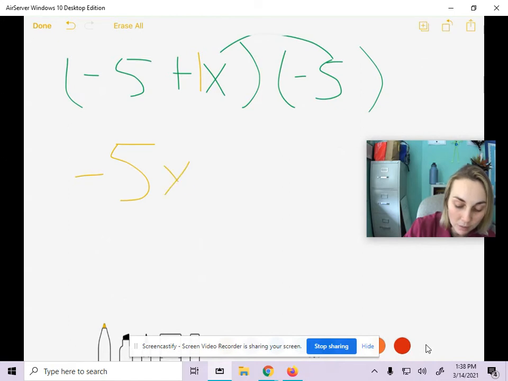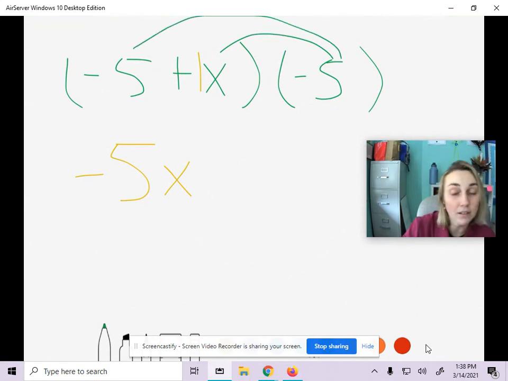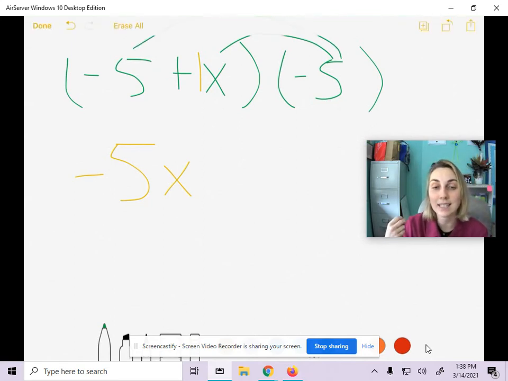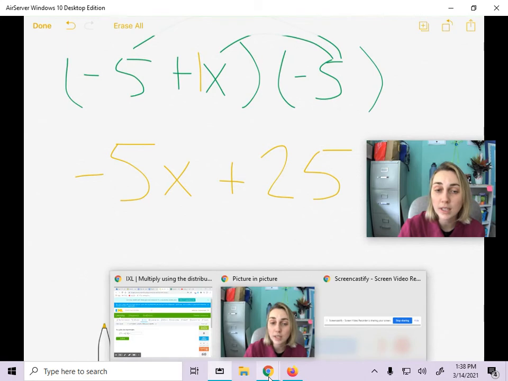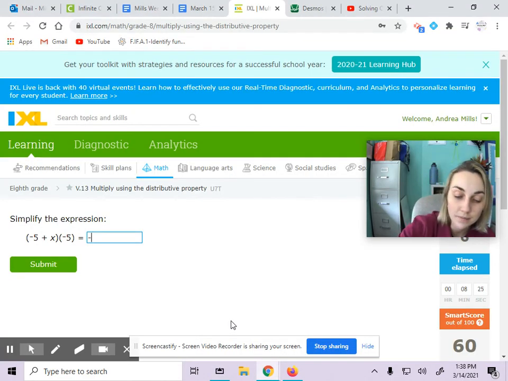Again, we are multiplying that by 1x, so that x does need to come down with it. And then negative 5 times negative 5, two negatives again, guys, equals a positive. So negative 5 times negative 5 is going to leave us with a positive 25. Remember, these are not like terms. They cannot be simplified any more than this. So that's our final answer.